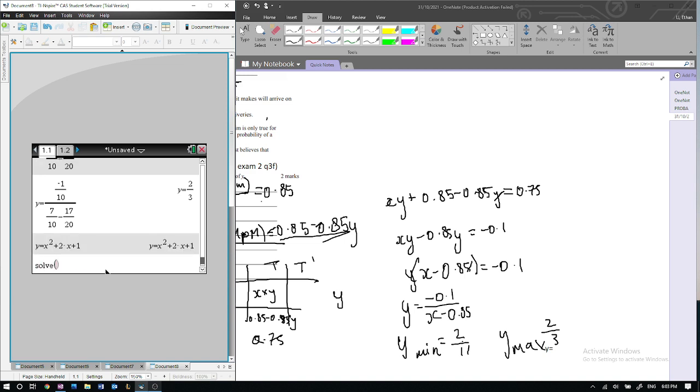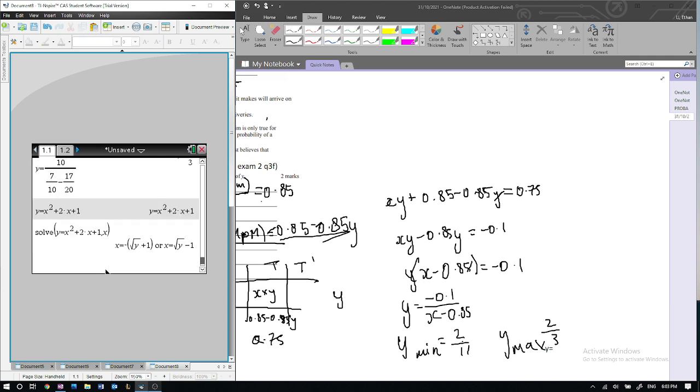Okay. So when you want to rearrange for x, like let's say you get this equation, you can just say solve for x is equal to, or solve for y is equal to x squared plus 2x plus 1 in terms of x, comma x, and then it'll give you it in terms of x. So there's that.